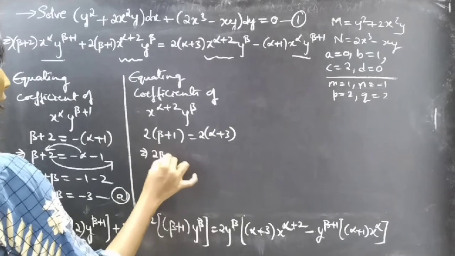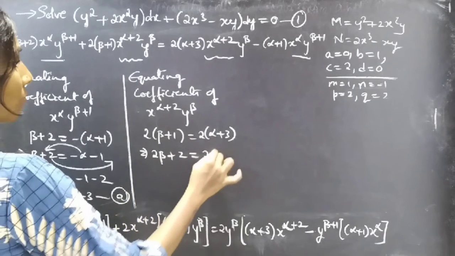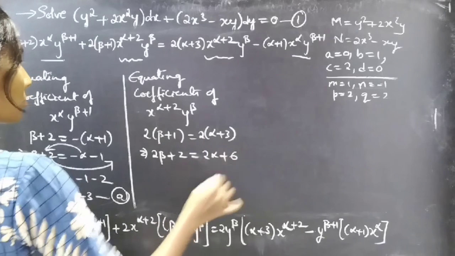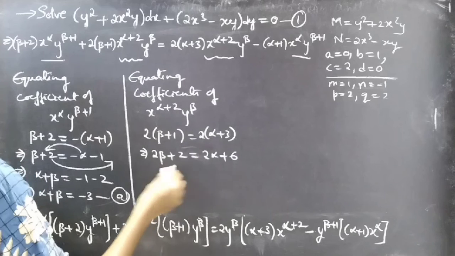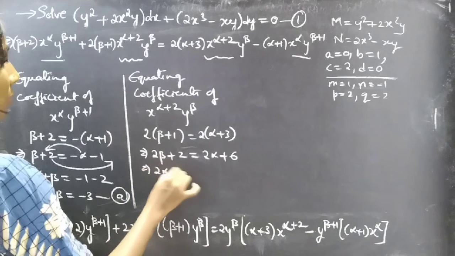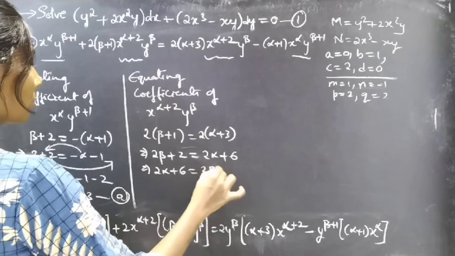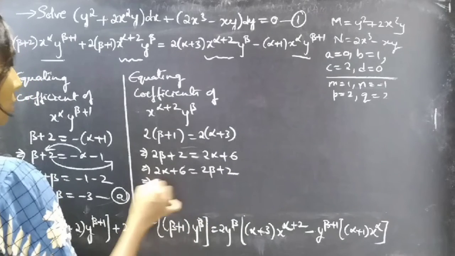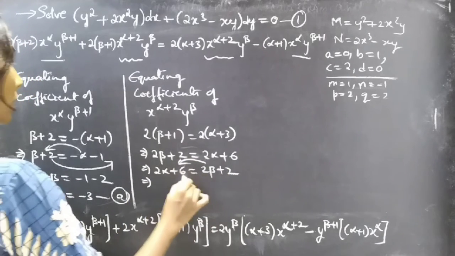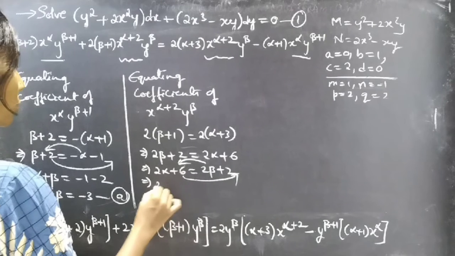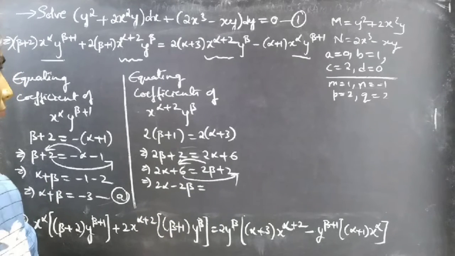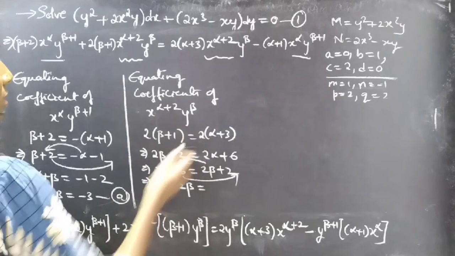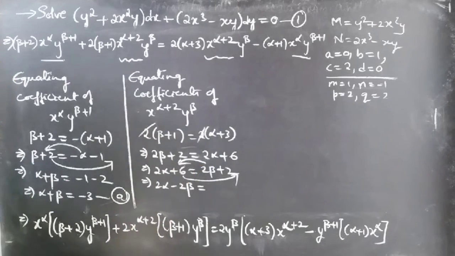We'll get 2 beta plus 2 equal to 2 alpha plus 2 3 is 6. Now you can just write this as 2 alpha plus 6 equal to 2 beta plus 2, right? Now bring this 2 beta to LHS, take this 6 to RHS, we'll get 2 alpha minus 2 beta equal to, so here you can cancel 2's, okay?